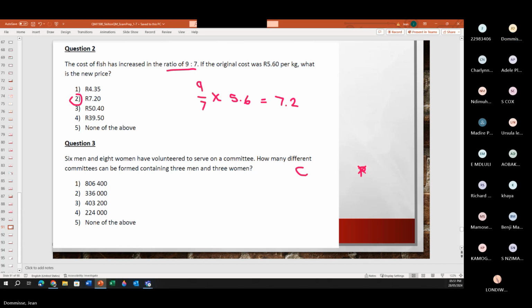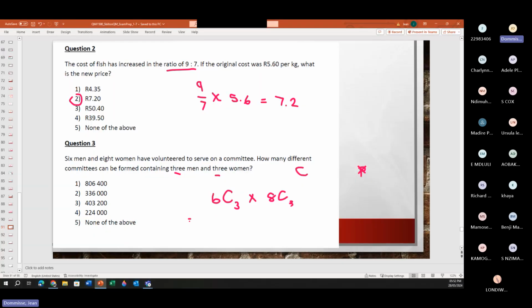Then each committee formed contains 3 men and 3 women. For the men, we have 6, so n is 6, combination 3. And for the women, we've got 8, combination 3.